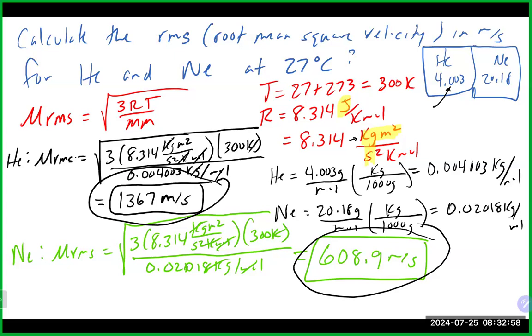Any questions on that? Yeah. For example, for the top one here, I would take 3 times 8.314 times 300, it equals.